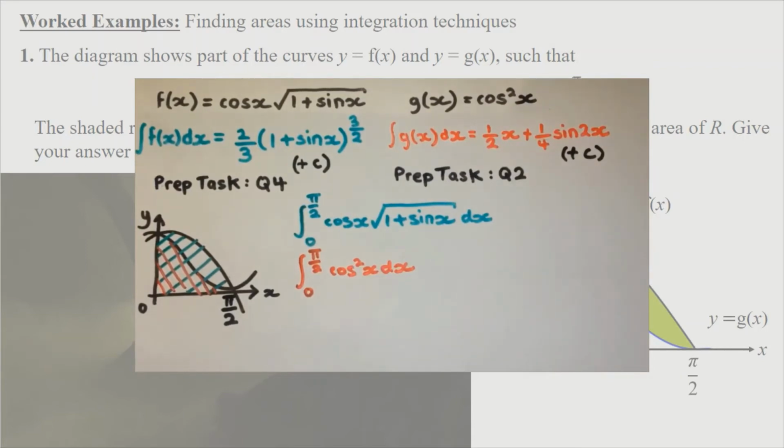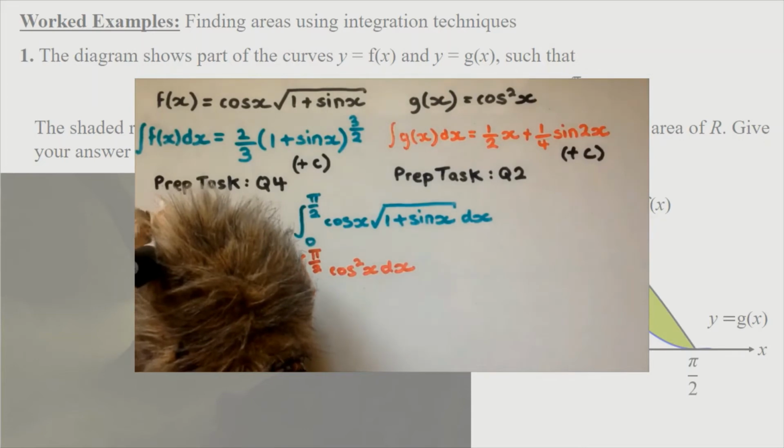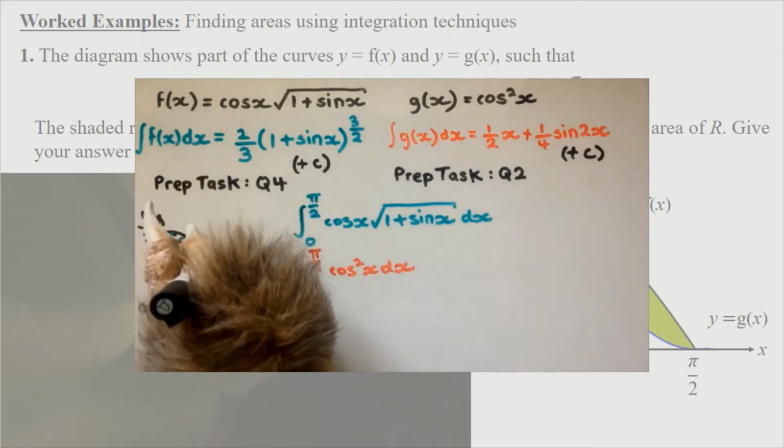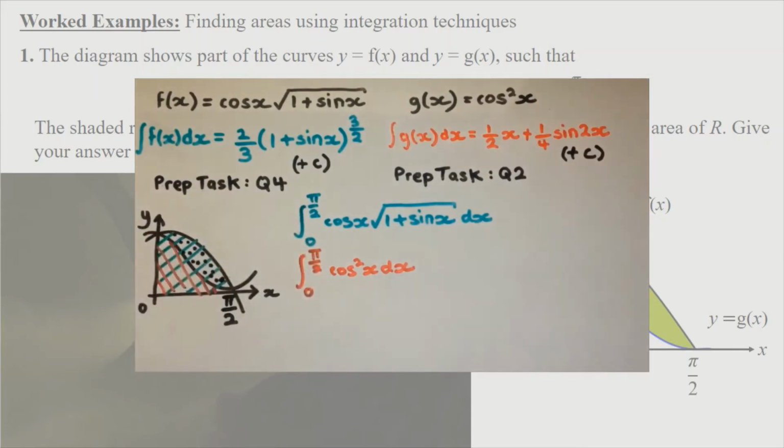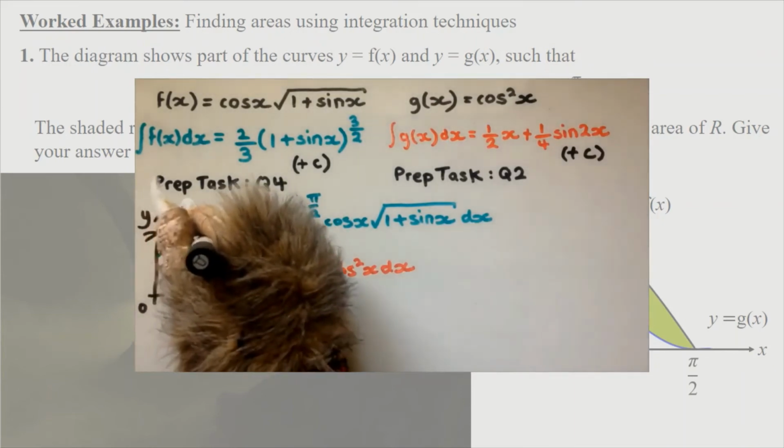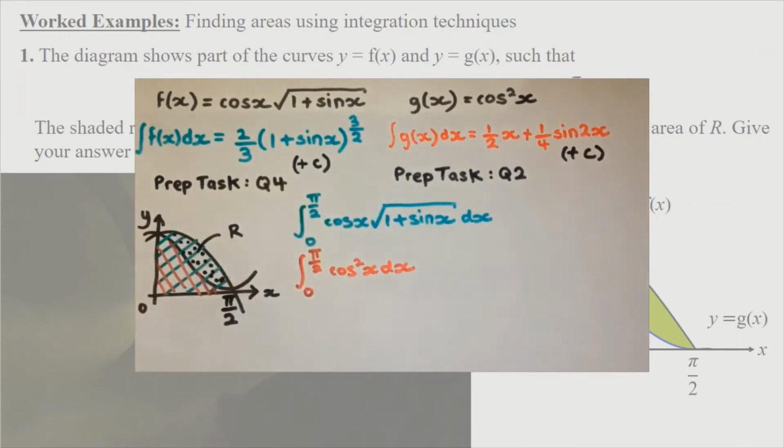We can clearly find the area bounded between the two curves, so that would be this area here, which I'll just put dots in. That area, because this is the area R that I wish to find, is the difference between the two integrals. Okay, so it's f subtract g. Now I can do this by setting up the following definite integral.